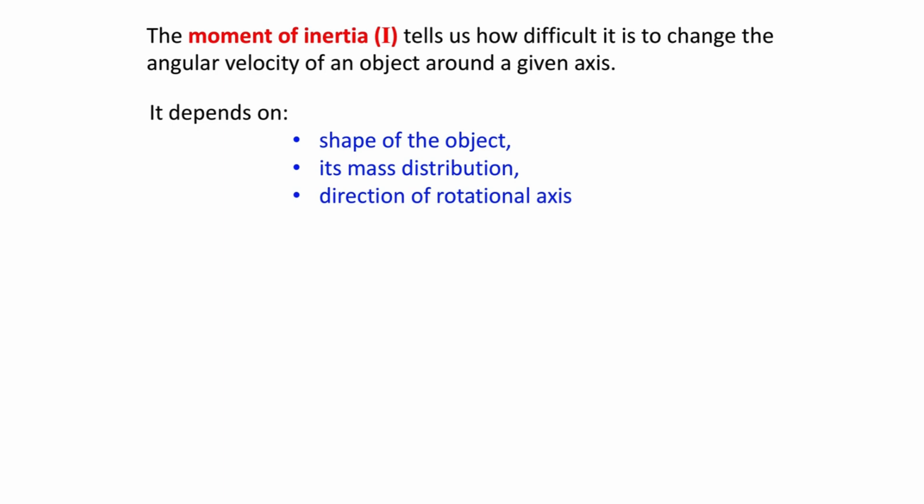So as we discussed, moment of inertia is the resistance of the object to change its angular velocity. So the resistance that we experience for a rotational object to change its motion, it's called moment of inertia. And as we said before, it's equivalent with the mass in total translational motion.